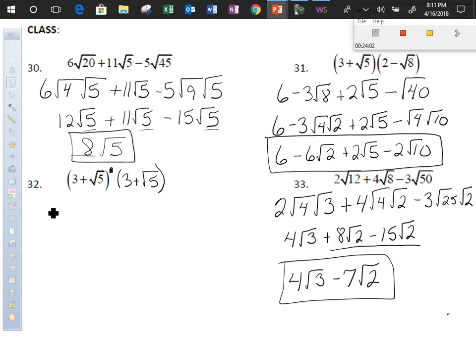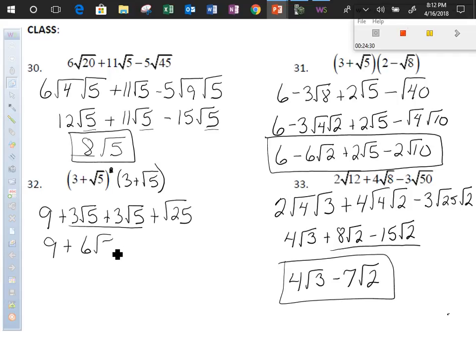So 3 times 3 is 9, plus 3 times the square root of 5, plus 3 square root of 5, plus the square root of 25. 3 radical 5 doesn't simplify, and there's 2 of them, so I've got 6 radical 5, but the square root of 25 is 5. How about my final answer? 9 plus 5 is 14, plus 6 radical 5.